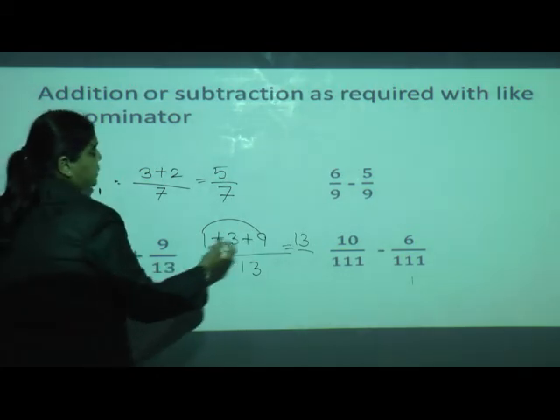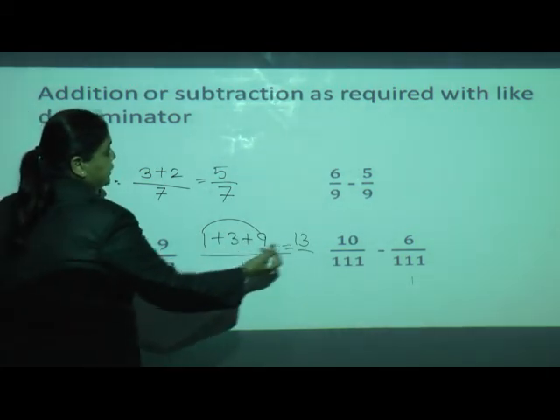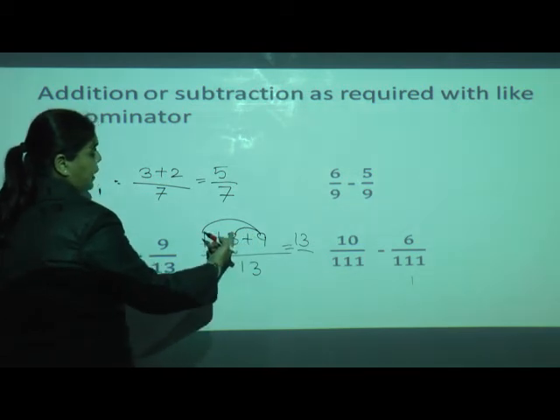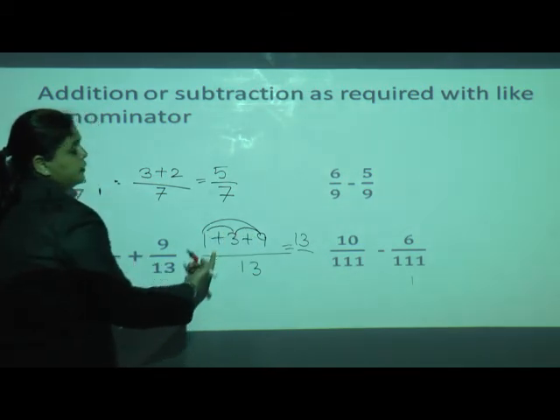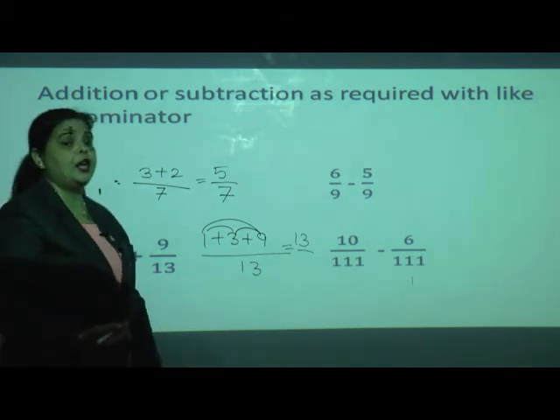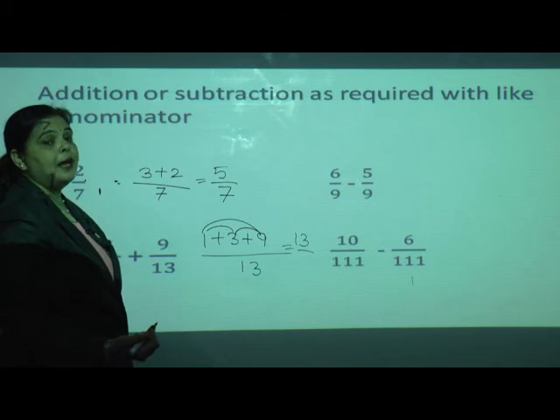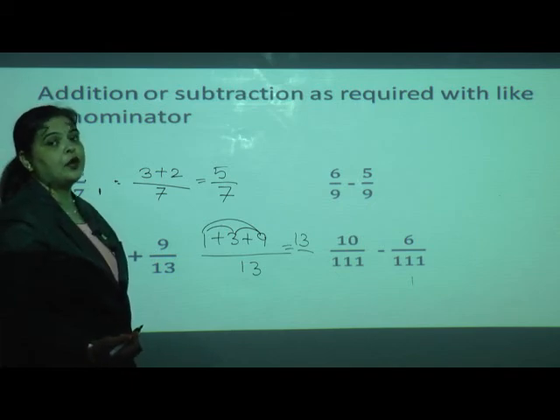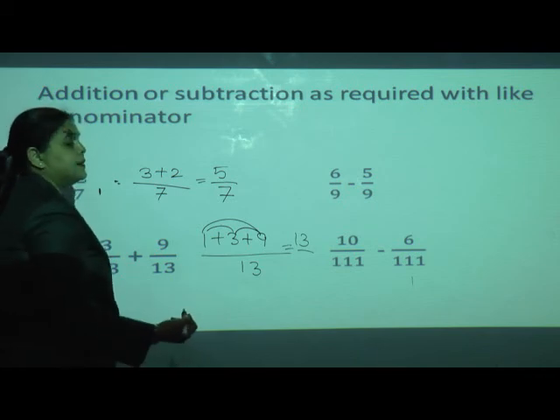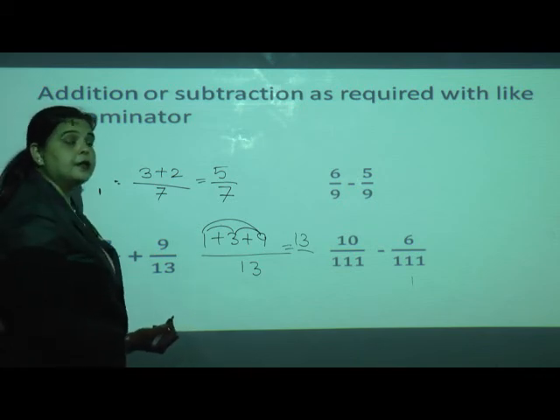So 9 plus 1 is 10, 10 plus 3 is 13. You can also go for 9 plus 3 as 12, 12 plus 1 as 13. This is up to you. In addition, if you change the place or sequence of the numbers, the answer will remain the same. That is, the sum will be the same.